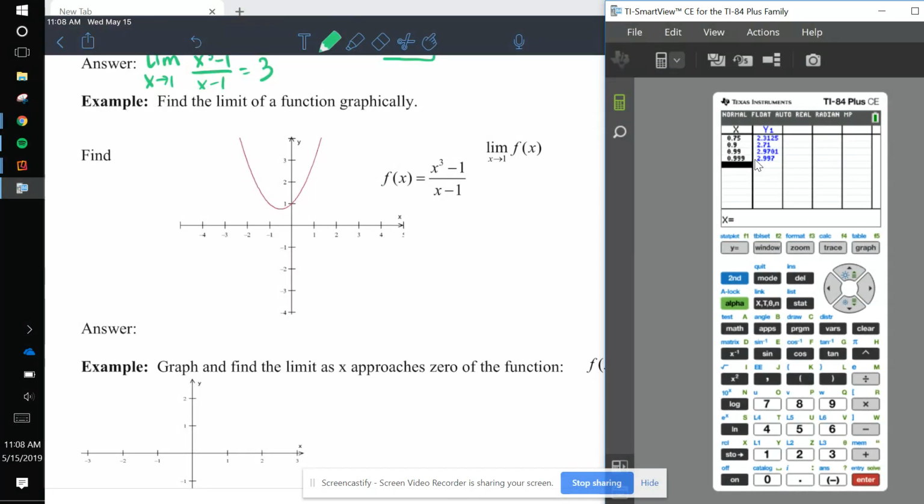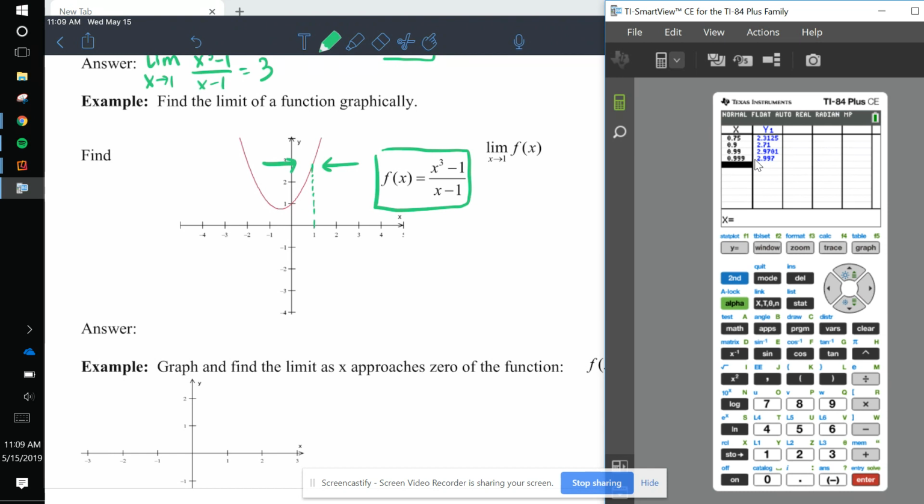Okay. So the next one, we're going to look at this graphically. If I look at the same function graphically, at x equals 1 right here, from the left and from the right, what value are we approaching?